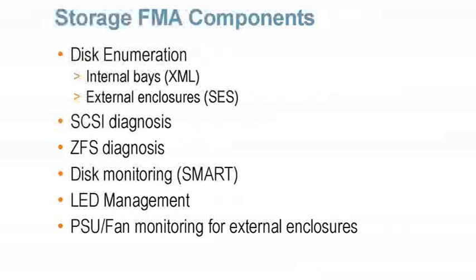ZFS catches it. FMA is just there as a way of telling the user what's happening and doing things like hot spares. But it's not doing any active diagnosis there. It's like, ZFS told me this thing is completely busted, and I'm letting you know it's completely busted.